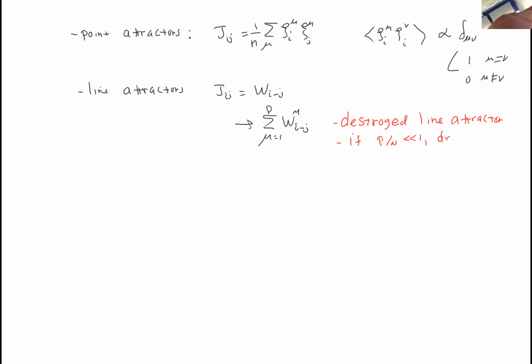So when I say destroy the line attractor, it causes slow drift along the line attractor.